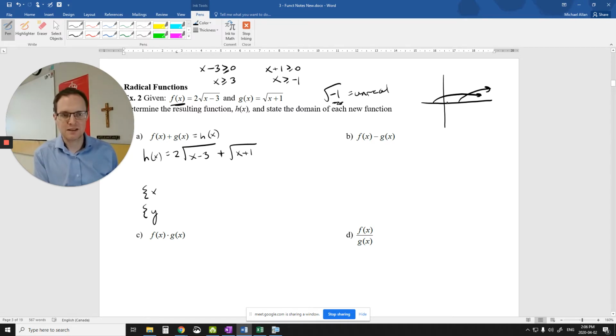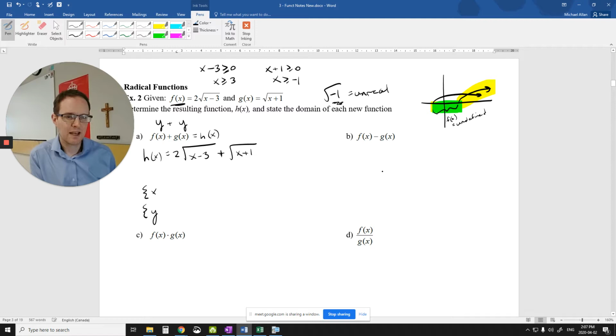But when you add graphs together, if a part of a graph is undefined, like there's a part right here for this graph that's undefined, then, because it's f of x, remember you can interchange that with a y, I'm really just adding my y values together. So you look at my y values and you say, what about over in this section of my graph for f of x? It's undefined. There are no y values here.